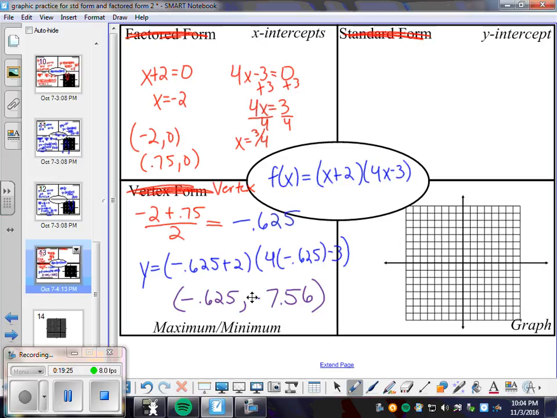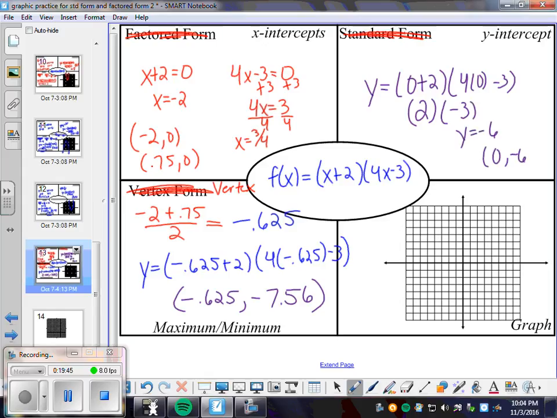Now plug in 0. Oh, whoops, minus 3. Sorry. So you get 2 times 4 times 0, which is 0, so you get -3. So that's just y equals -6, or 0, -6.